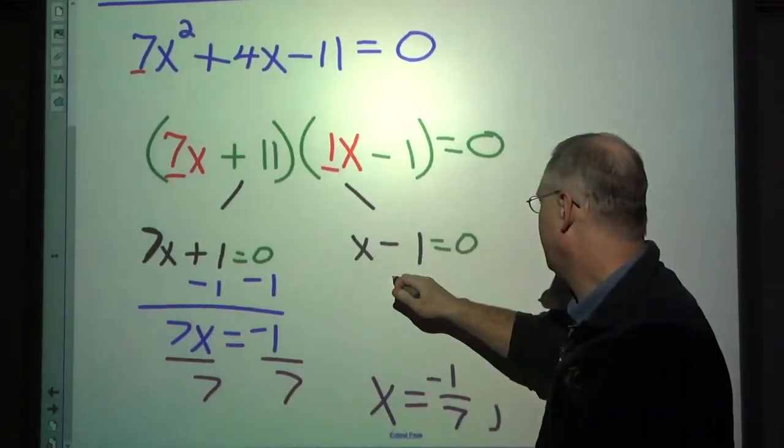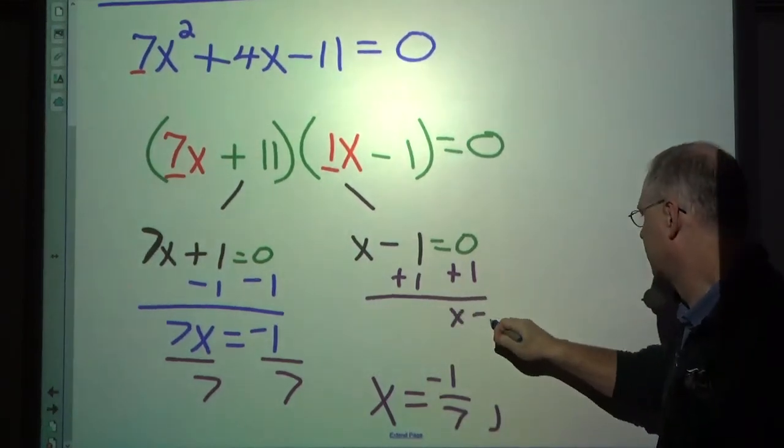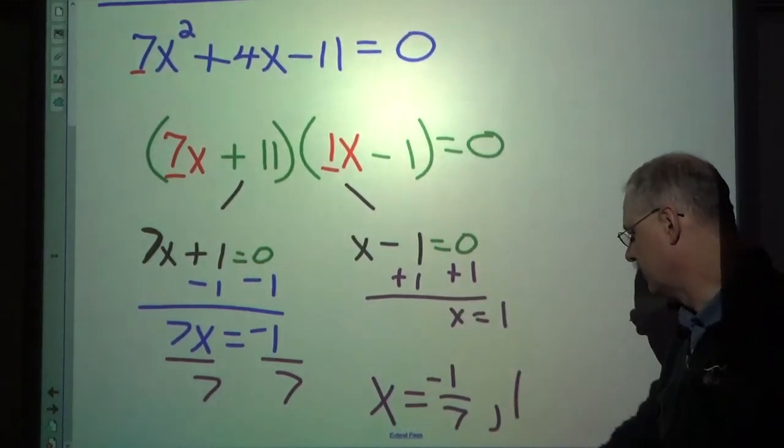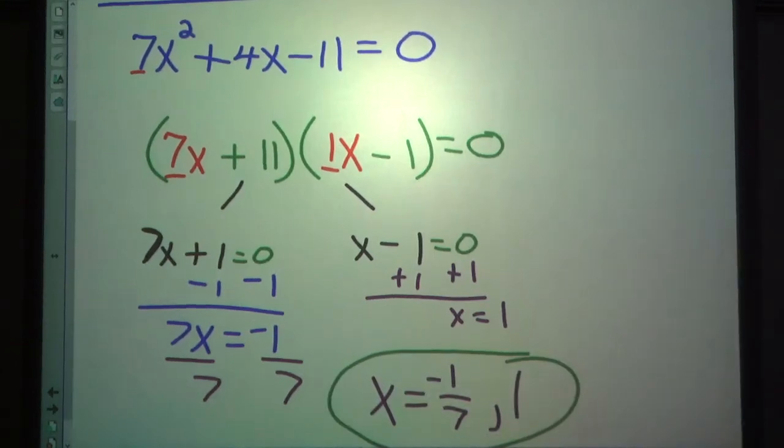Here I'm going to add 1 to solve. And there are my 2 answers. Negative 1/7, positive 1. Please look at this again if you need to.